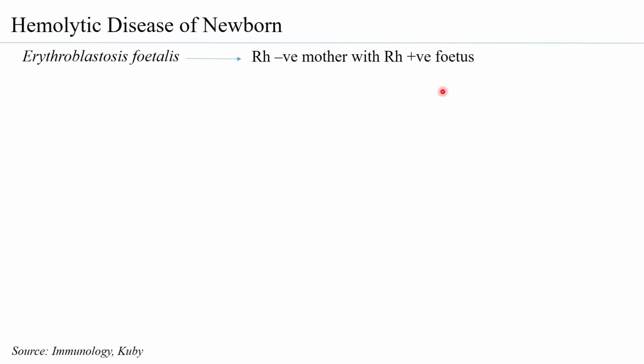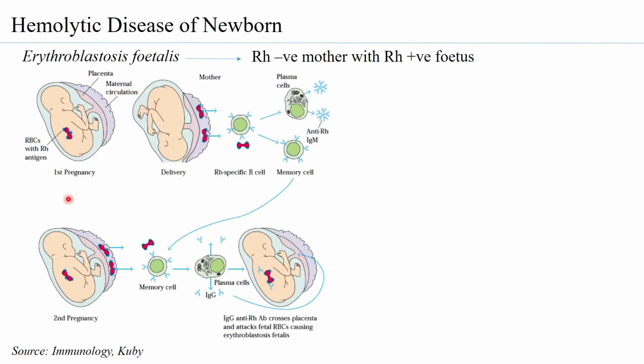Okay, but what has been observed is that during the first pregnancy, when the delivery is to happen and the placenta gets dissociated from the basic uterus, okay, so what is observed is that when you have the placenta getting a little dissociated during delivery, you can have blood of the infant passing through the placenta into the mother's blood.